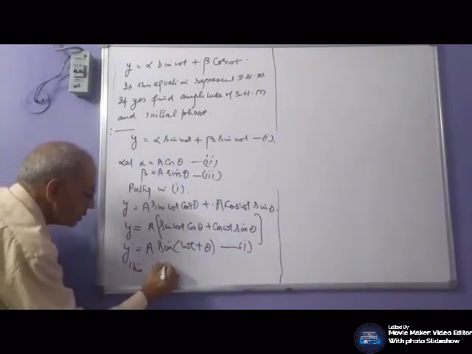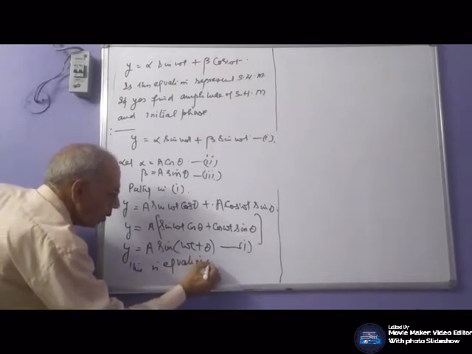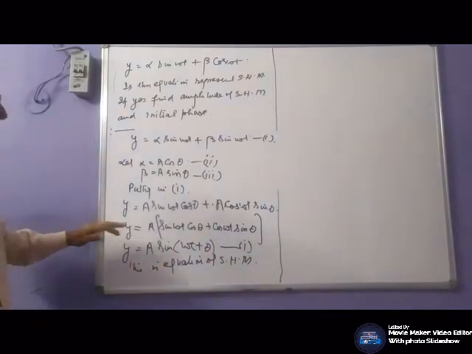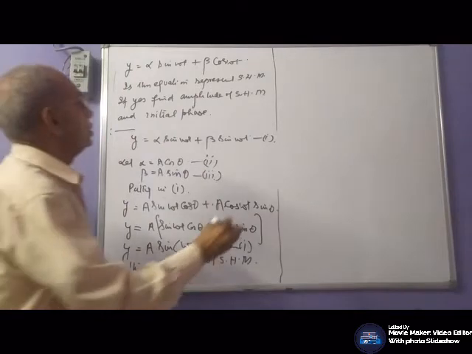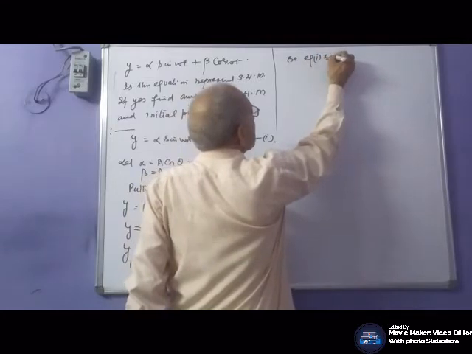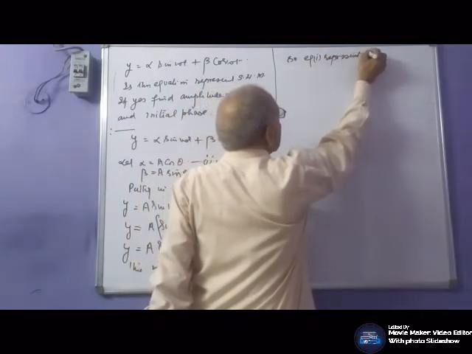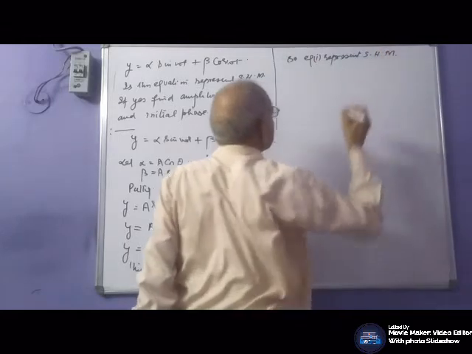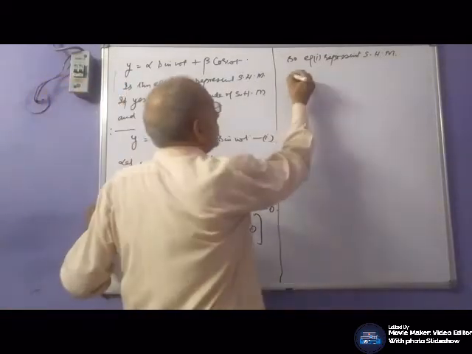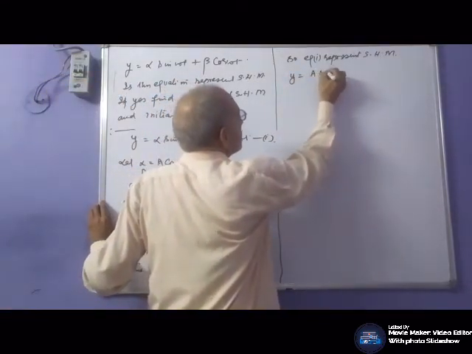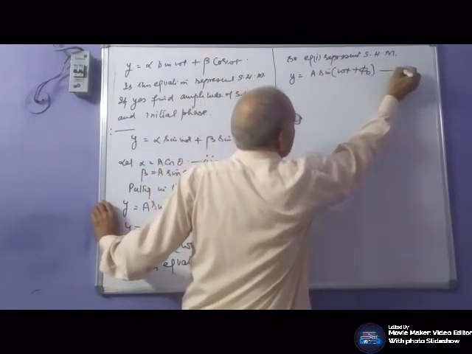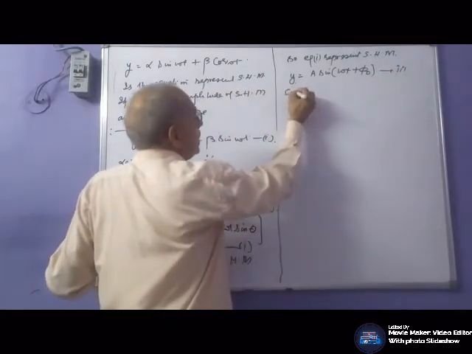This is the equation of S.H.M. Which one is it? It is made from here. So the first equation represents S.H.M. Now y equals A sin omega t plus phi naught. Phi naught is the initial phase. Compare.